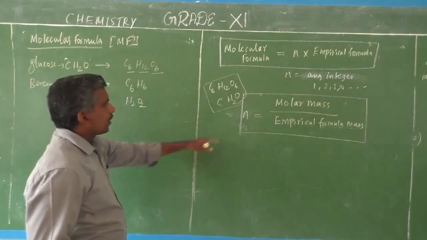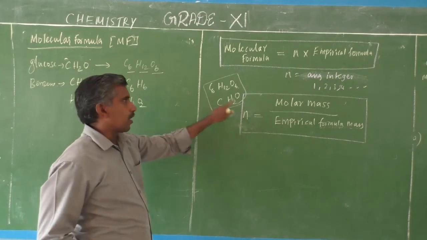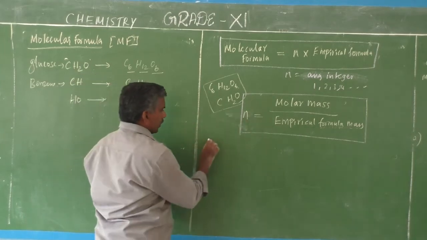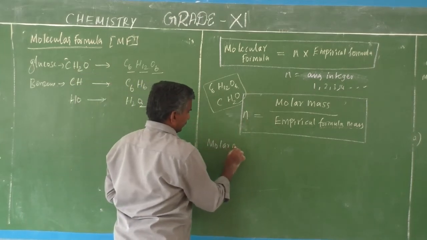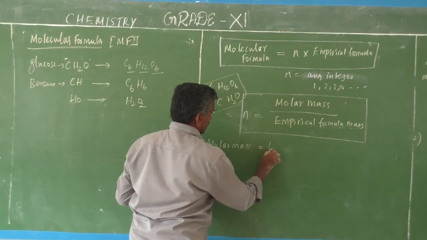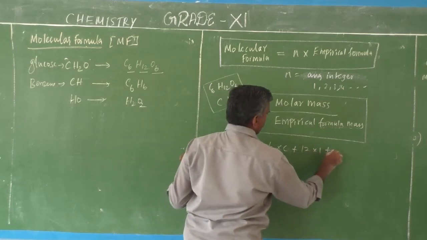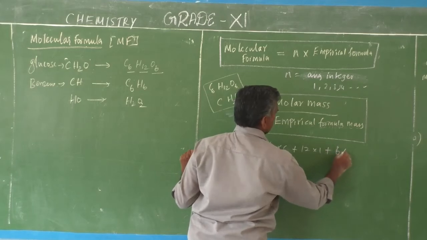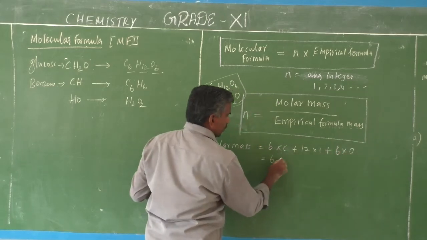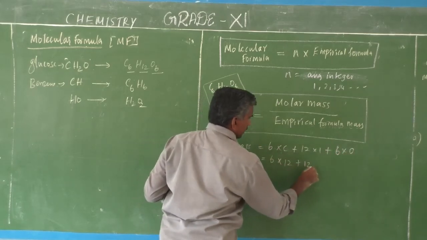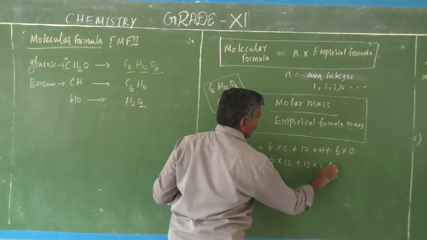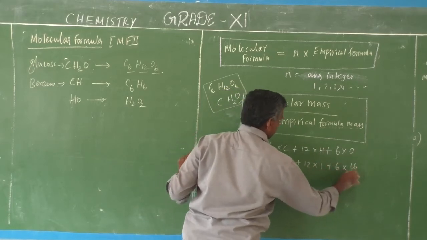Let me find the n value for glucose. Glucose molar mass: 6 carbon, 12 hydrogen, 6 oxygen. Carbon mass is 12, hydrogen mass 1, oxygen mass 16.